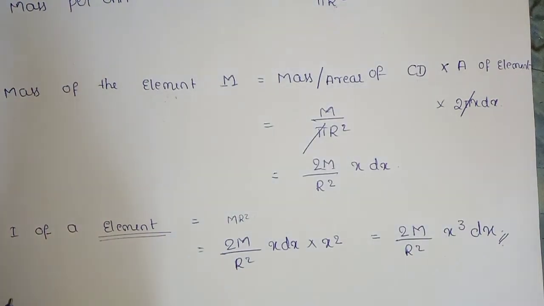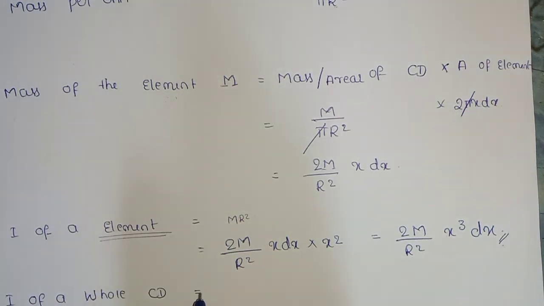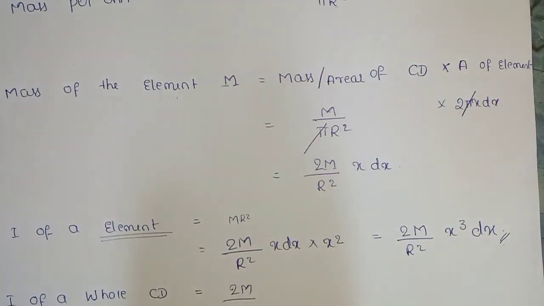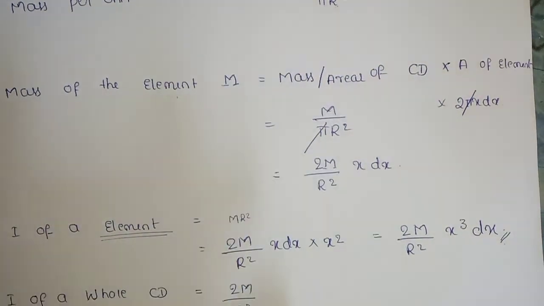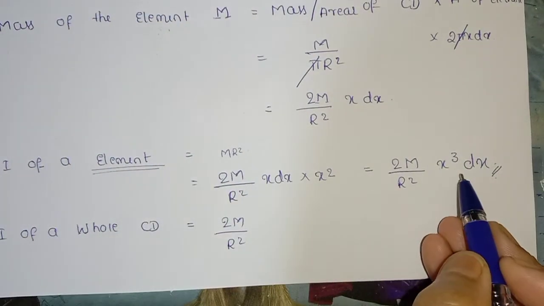Now, the moment of inertia of the whole circular disc is equal to, 2M divided by r square is the constant term. What is the variable here?